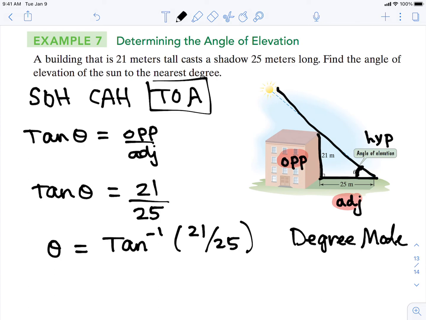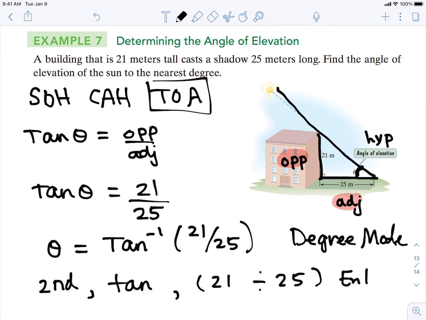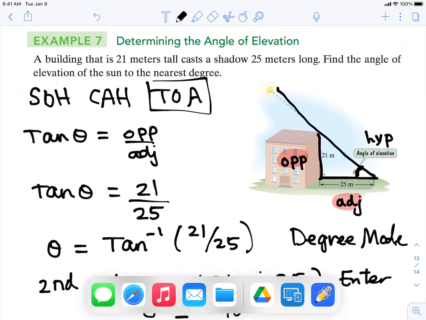If you're using a graphing calculator, you want to type second, tangent, then 21 divided by 25, and then enter. What you're going to get is an angle that is approximately 40 degrees. So that's what this angle is right here.